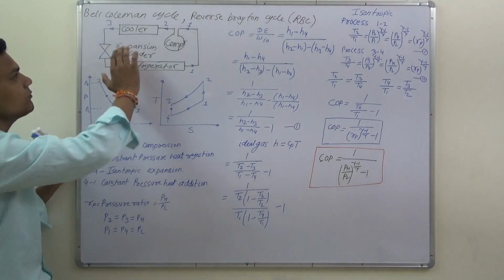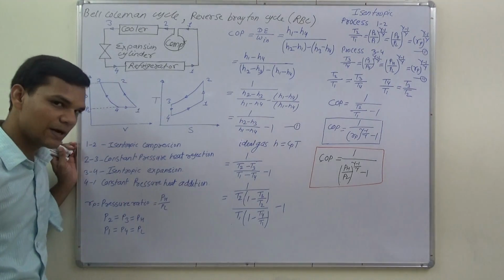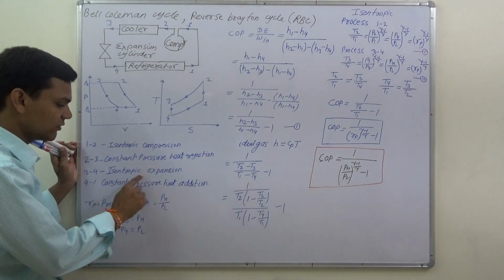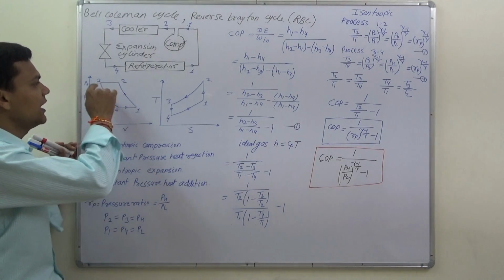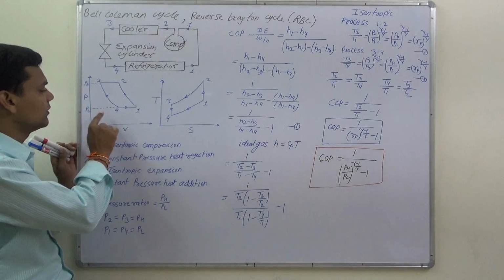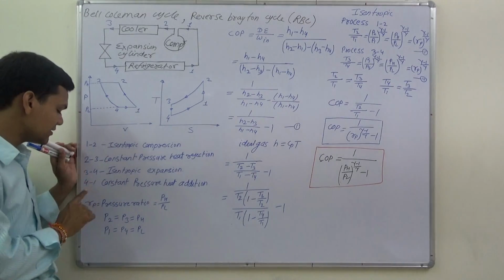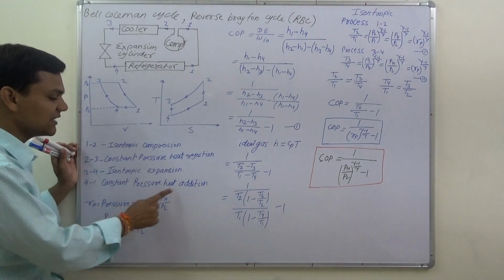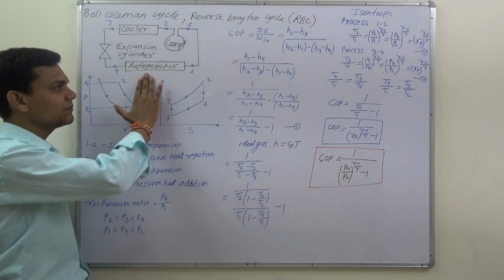And 3 to 4 is isentropic expansion, which takes place in the expander, and pressure reduces from higher pressure to lower pressure, from P3 to P4, and P4 is equal to P lower. The last process is 4 to 1, constant pressure heat addition, which takes place in the refrigerator.